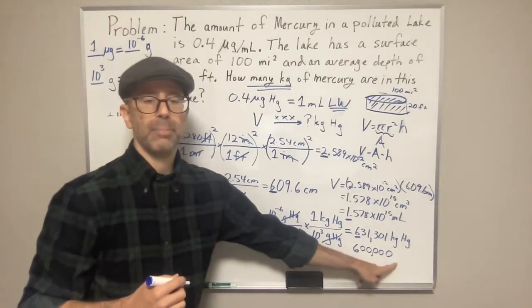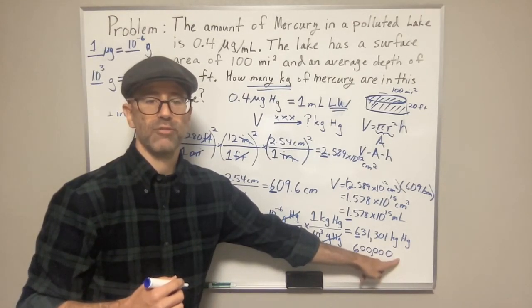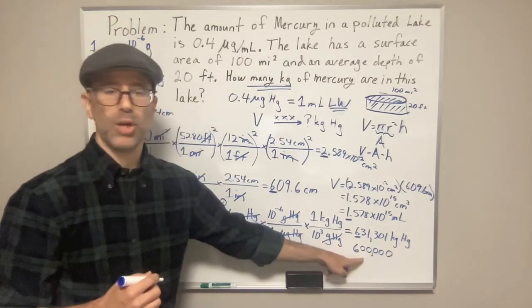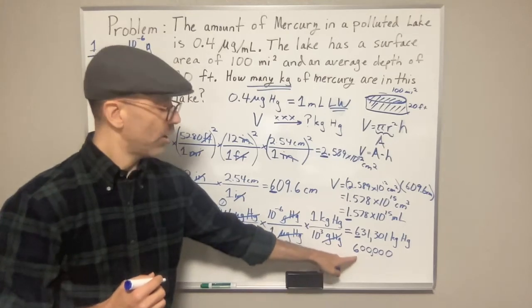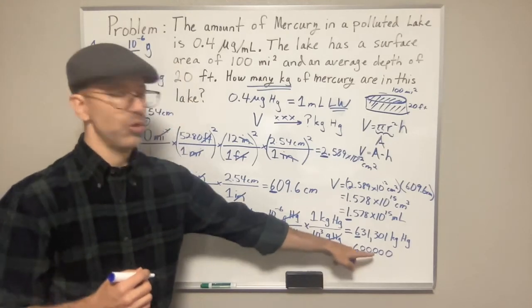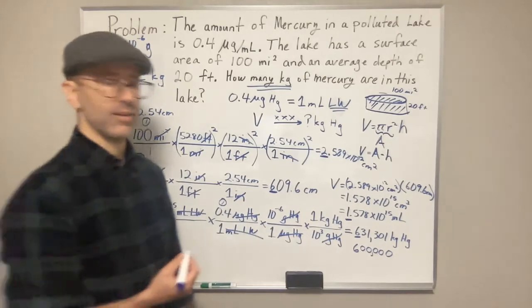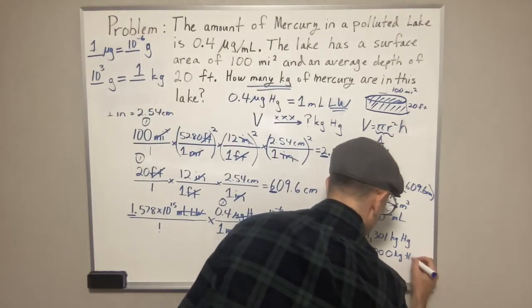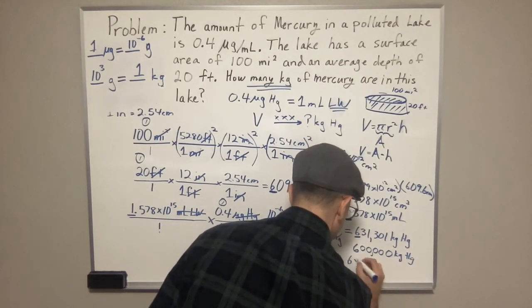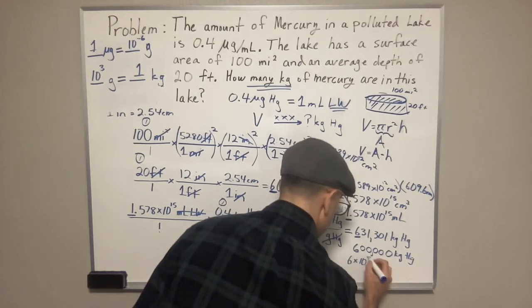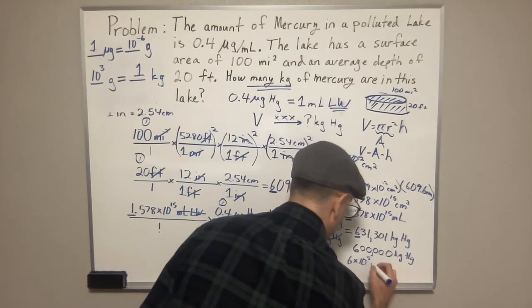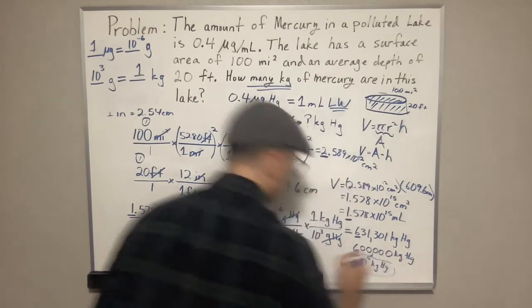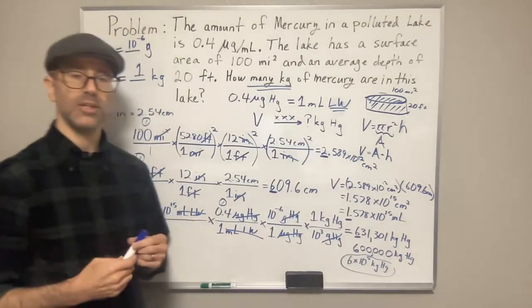And notice I'm not putting a decimal point there because if I put a decimal point there, that means the zeros would be significant and we don't want them significant. So we want only one significant figure. So you can leave it like this or write in the scientific notation. So this would be 600,000 kilograms of mercury, or 6 times 10 to the fifth kilograms of mercury. And that would be the answer.